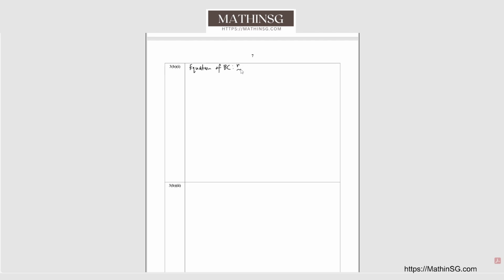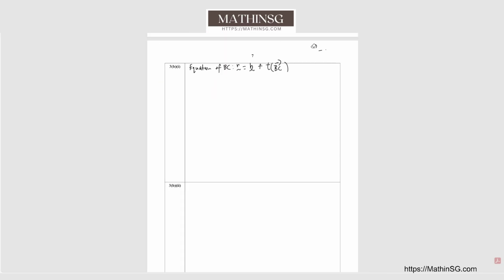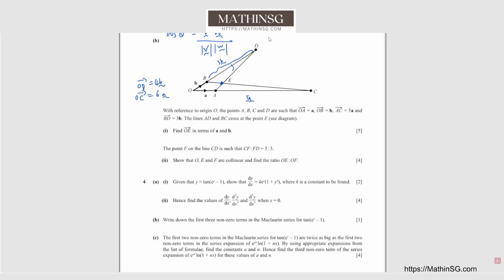To find the equation of a line, basically you will have a point, right? So OB is a point on the line, so I'll just write it as b, then plus, maybe let me use t, times BC. And I know BC is OC minus OB. Wait, did they give me BC? Let me check. No, they did not. Recall I wrote OC is 6a, OD is 4b.